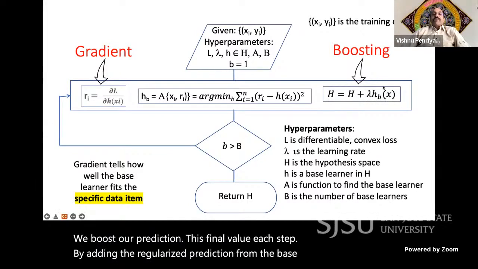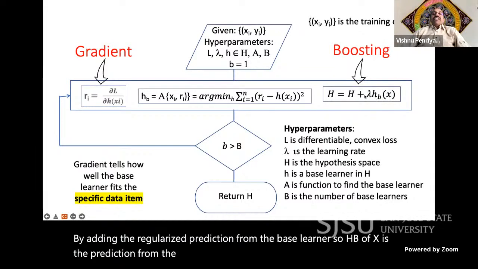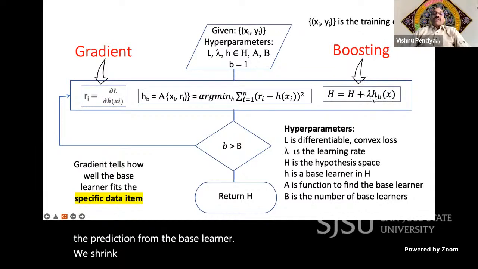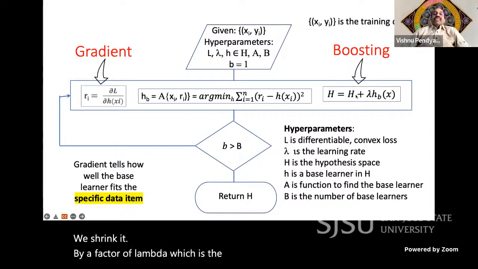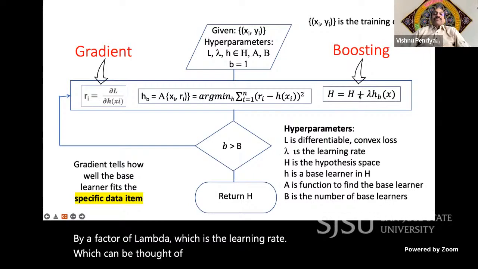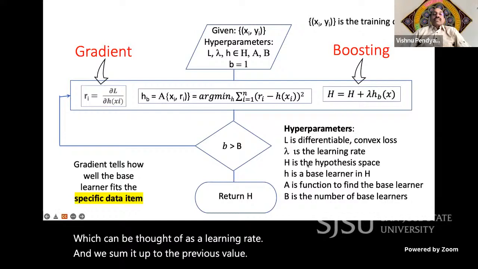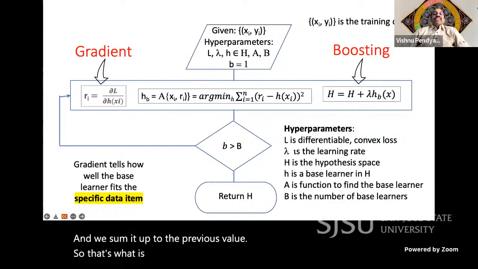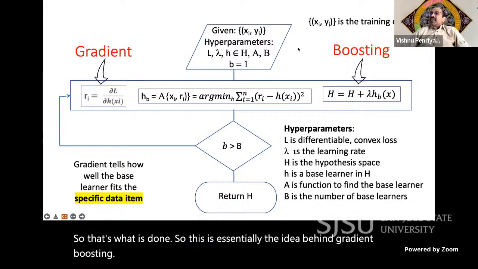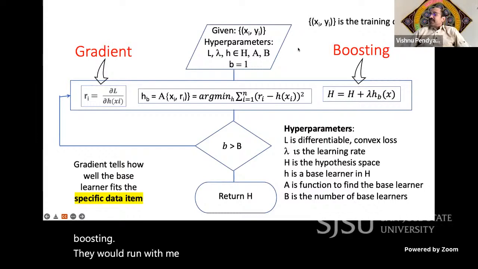So h_b of x is the prediction from the base learner. We shrink it by a factor of lambda, which is the learning rate, and we sum it up to the previous value. So that's what is done. This is essentially the idea behind gradient boosting, right? Everyone with me so far?